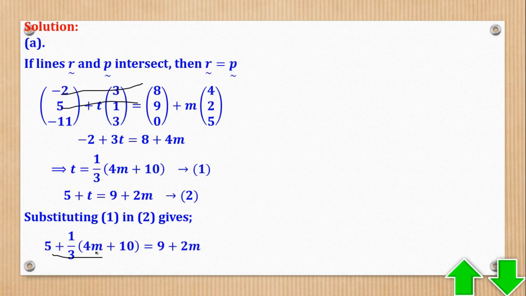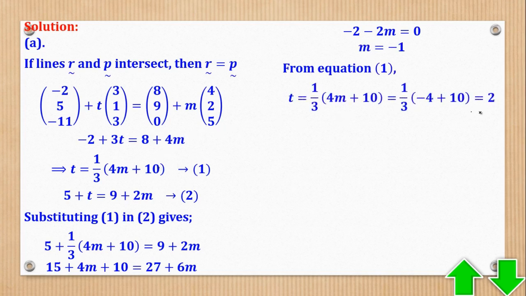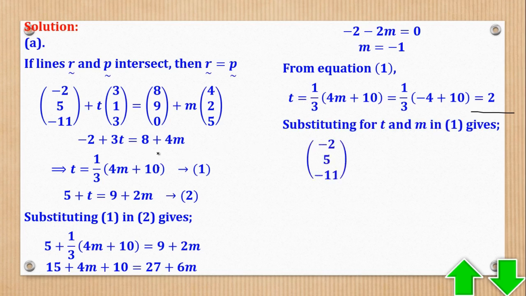So M is the only unknown. So I'll have to look for a way of making M the subject, and M will be -1. When M is -1, it means that from equation 1, T is equal to 2. Now substituting for T and M in Roman 1 gives me this.